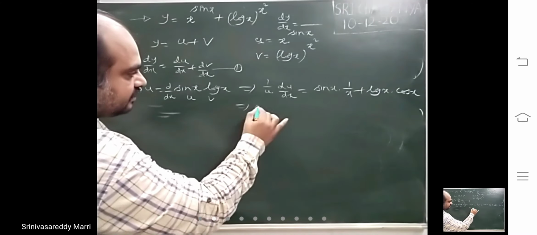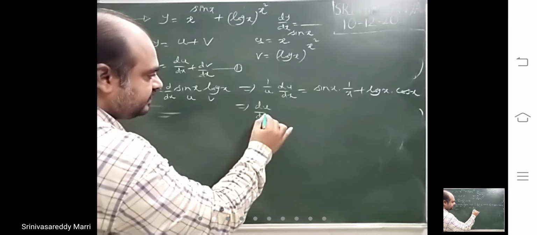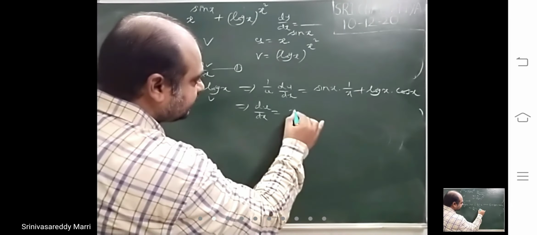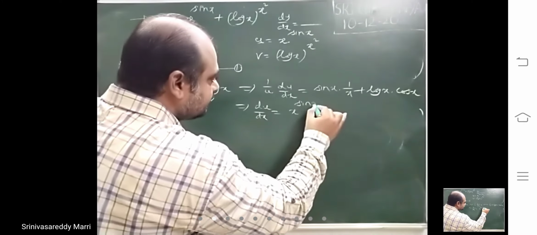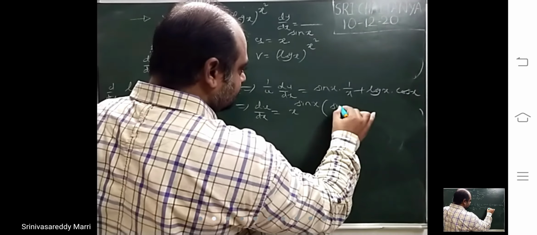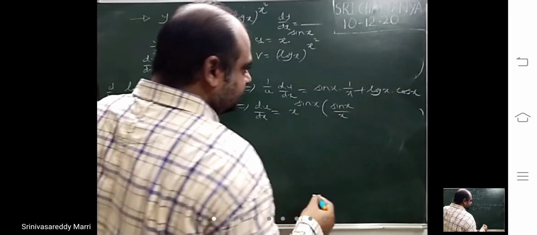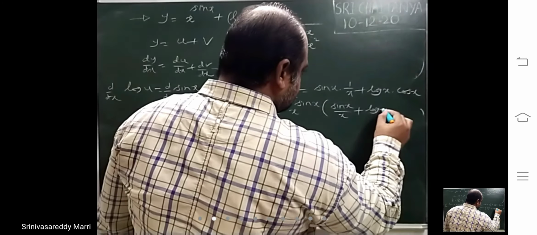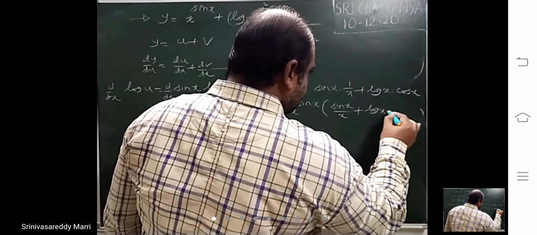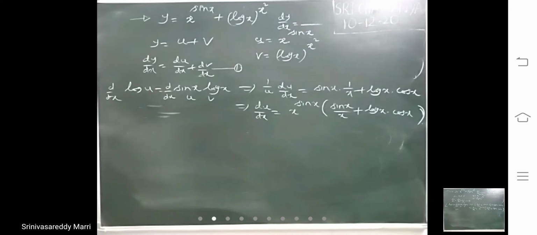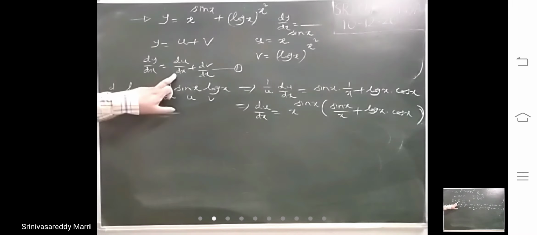Therefore du by dx equals u, that is x power sin x, into sin x by x plus log x into cos x. So this is du by dx. First step over, one you got.